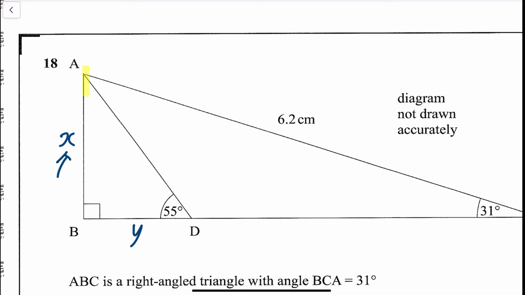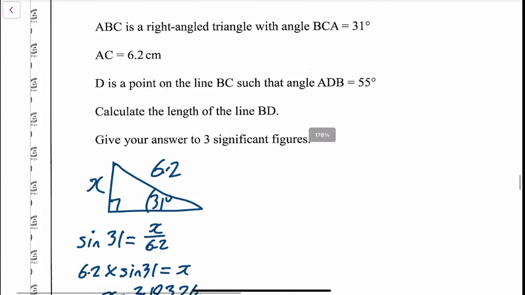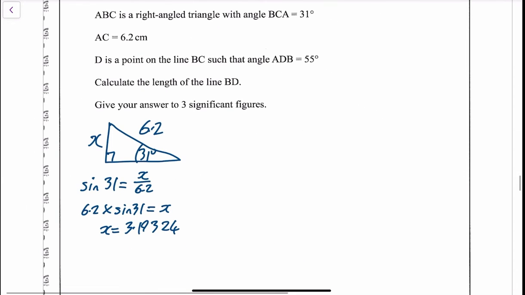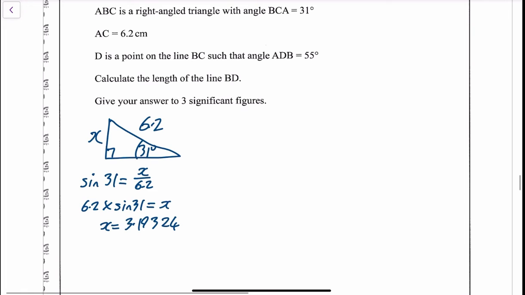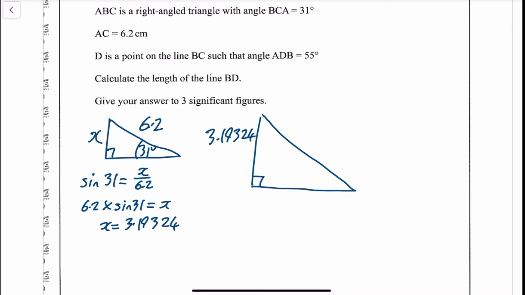We're now going to use this smaller triangle here to work out the side BD, which I've called Y here. So I'm going to draw this new triangle. I'll label it with what I now know is 3.19324. Notice I either work with perfect, exact answers in terms of pi or surds, or if I'm going to use something, I'll use like 5 decimal places and I know I'm going to be right.